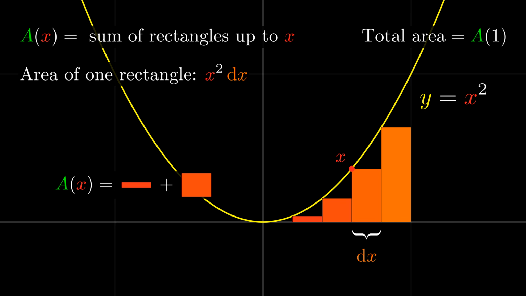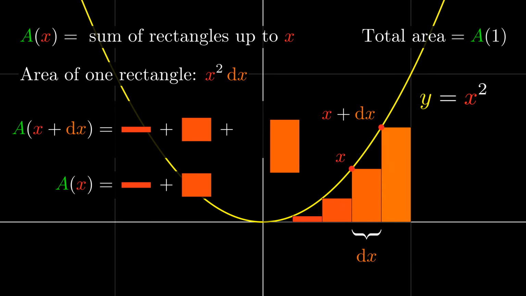However, if we wanted to include that rectangle, we could just increase x by dx. Then we get this point here. If we plug this value into A, we get the sum of the area of all of these rectangles. We see that A of x plus dx does include the rectangle we're interested in, although it still includes several extra rectangles. Wait a minute.